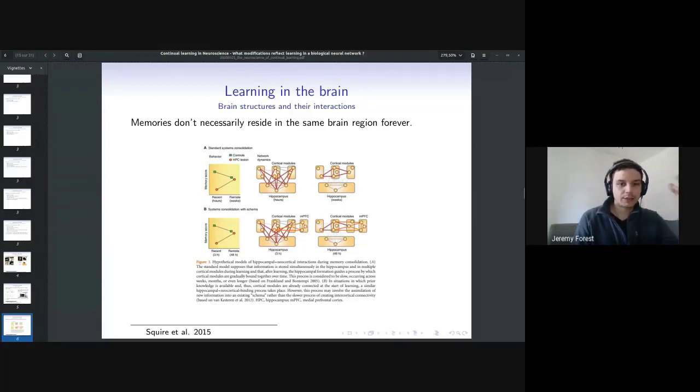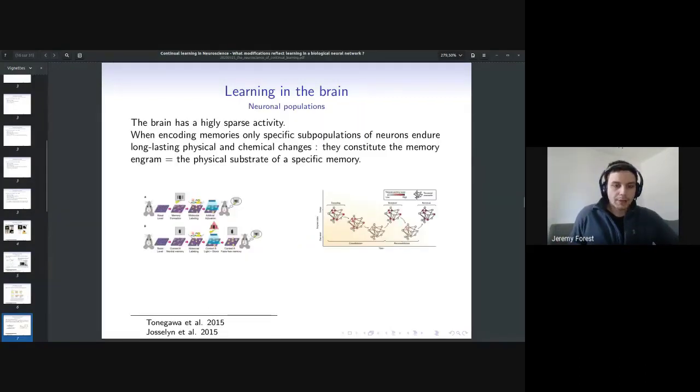When you update an old schema, an old memory, you already have cortical modules built, and then you are going to update those on the fly from the hippocampus, and the dissociation between hippocampus and cortex is going to be much quicker than previously. So that's only one example. There are others.